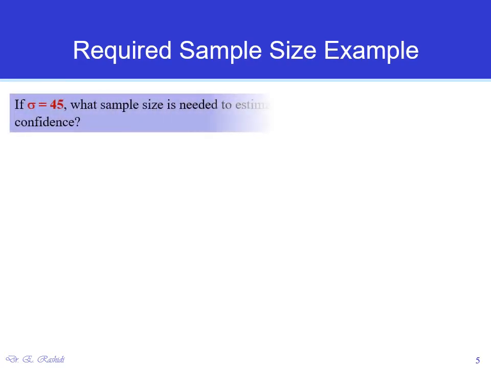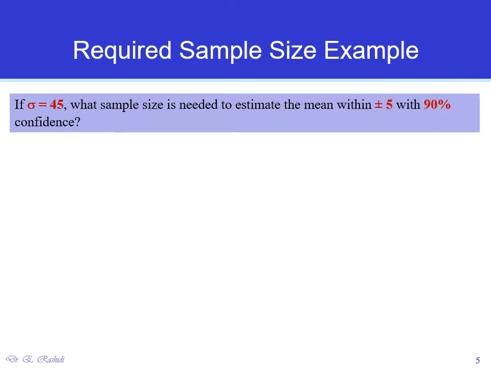Let's see an example for determining sample size when we want to build a confidence interval for the average. If sigma, the standard deviation of the population, is given as 45, what sample size is needed to estimate the mean, the average, within plus minus 5 with 90% confidence?